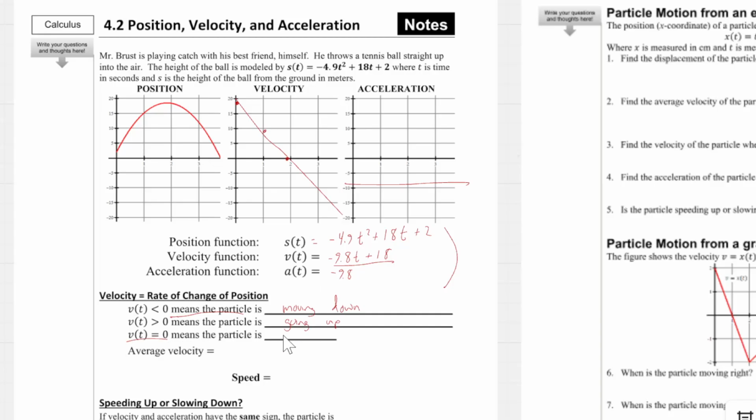Velocity is 0, it means it's stopped. That'll be this point when the ball reaches the maximum height, it changes direction, it's going up and then going down. So for that moment, the velocity is not up or down, it's 0. Average velocity.